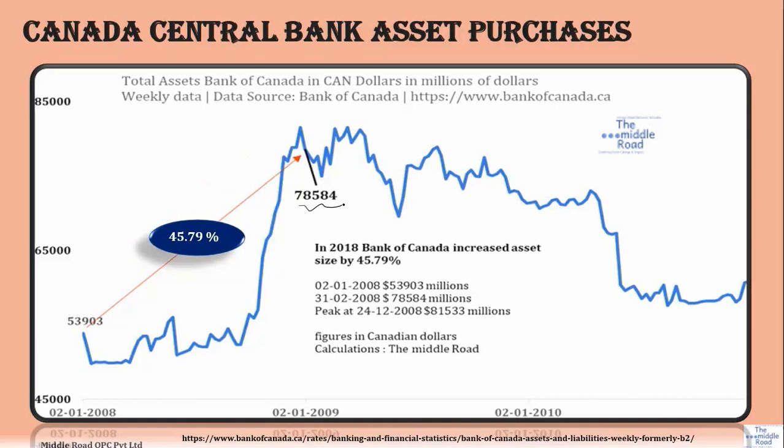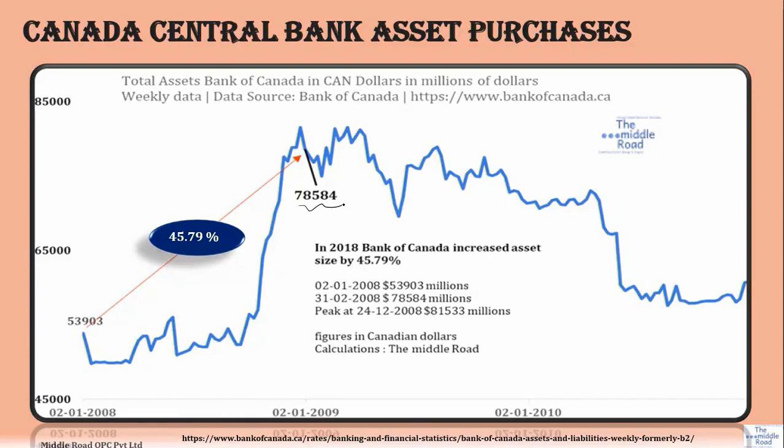So this gives you a fair bit of idea that in 2018, the Bank of Canada had increased asset size by 45.79% from 2008, from the arrow which is mentioned. This gives you a very good idea.